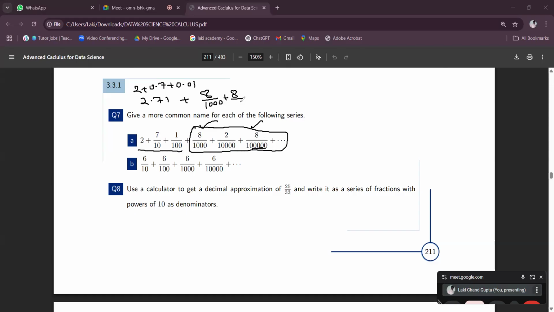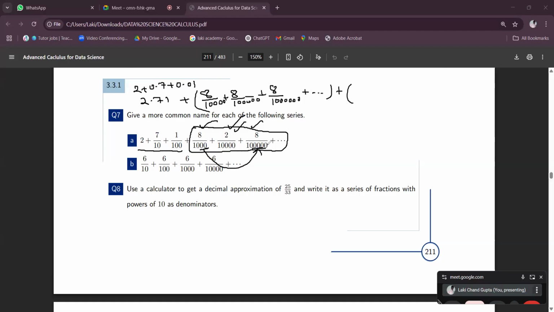Sorry, this is 10,000. And this is 100,000. So what will we get as the next term? 6 times 0, right? See, you can see from here to here.